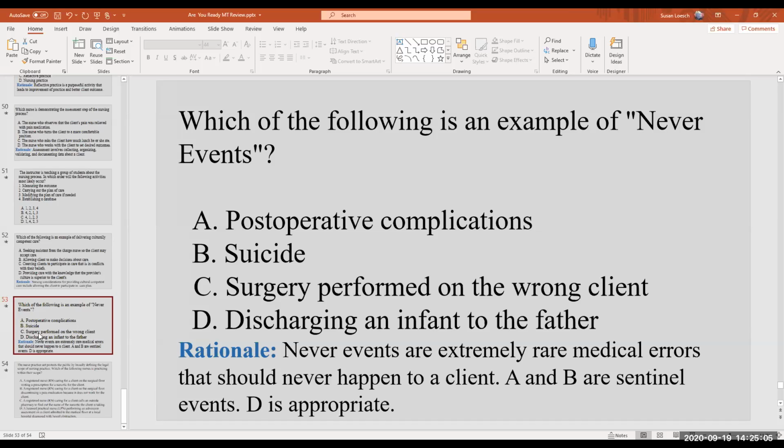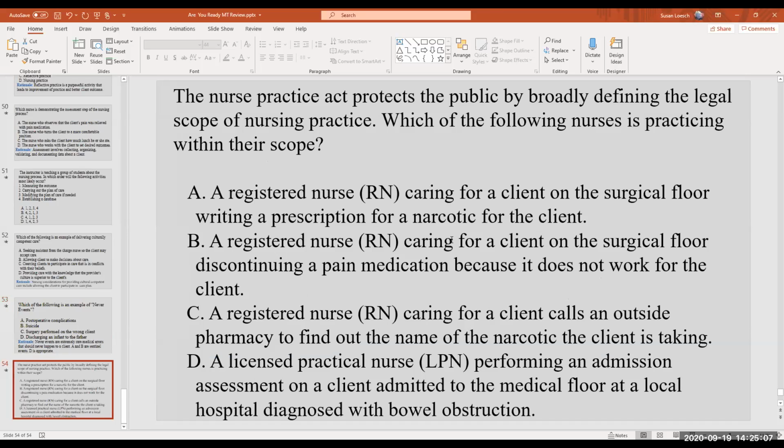All right, the last one is: the Nurse Practice Act protects the public by broadly defining the legal scope of the nursing practice. Which of the following nurses is practicing within their scope? B, a registered nurse caring for a client on the surgical floor writing a prescription for a narcotic for the client.